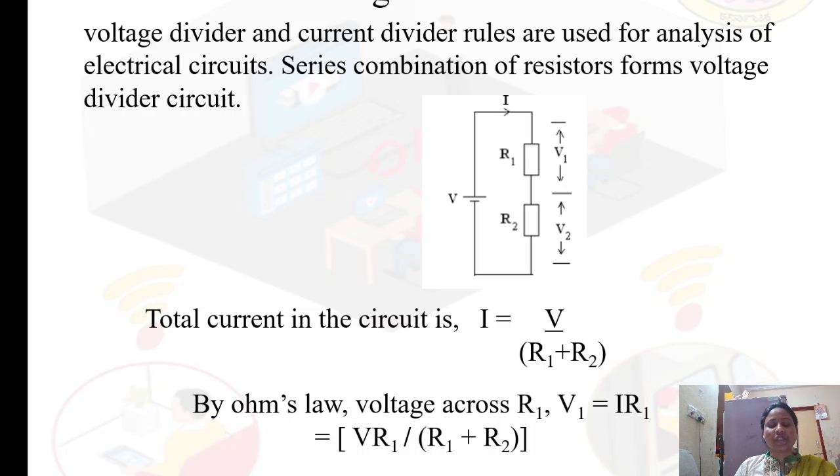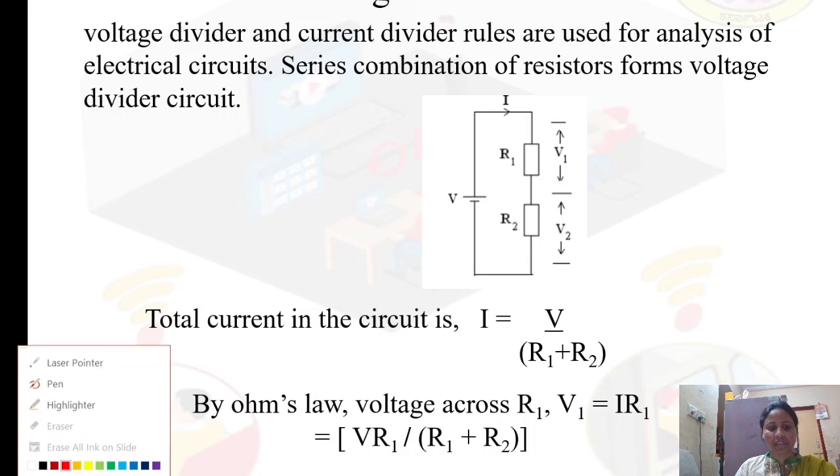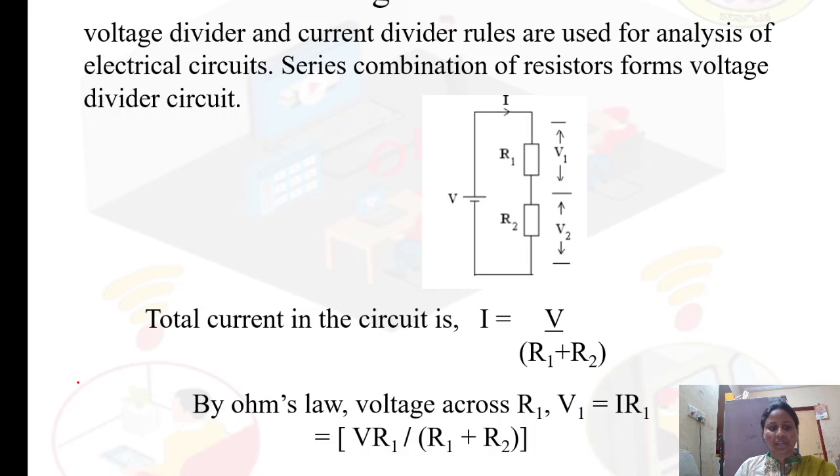Now the voltage divider rule is applicable for a series circuit, or the series combination of resistors can be considered as a voltage divider circuit. So here we have taken an example for the voltage divider circuit, where two resistances R1 and R2 are connected in series.